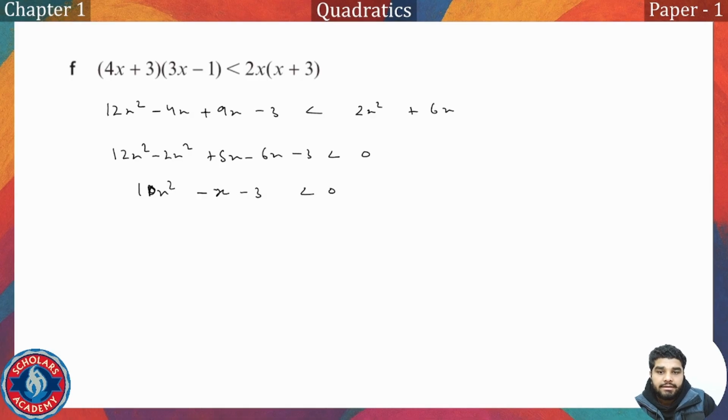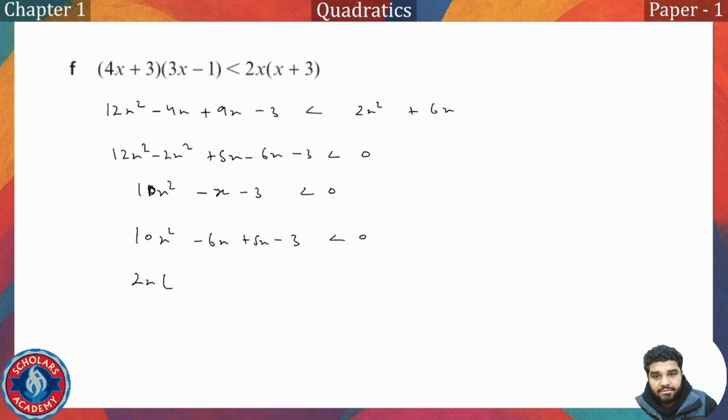Right, now the product over here is 30 and the sum over here is negative 1. So if we try and simplify it, we get 10x square minus 6x plus 5x minus 3 is less than 0.